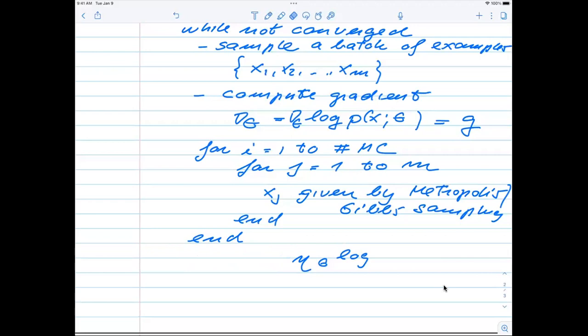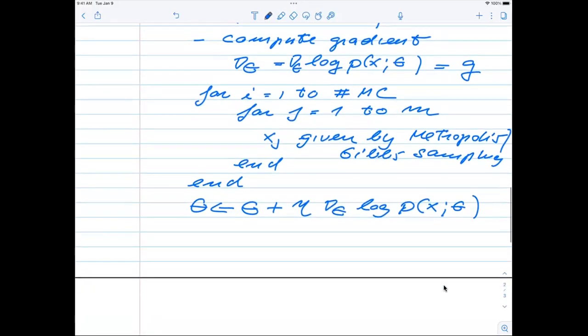So we are going to calculate the gradients, and we are going to optimize the parameters by using the gradient. This now contains a plus because we are maximizing, and this should be multiplied with the gradients, delta log of p of x of theta. And this ends the loop.